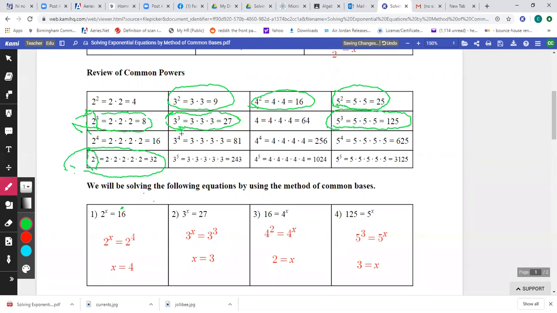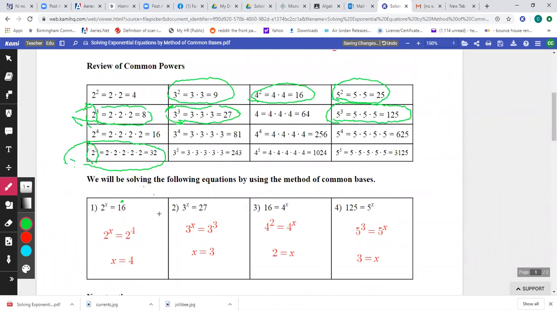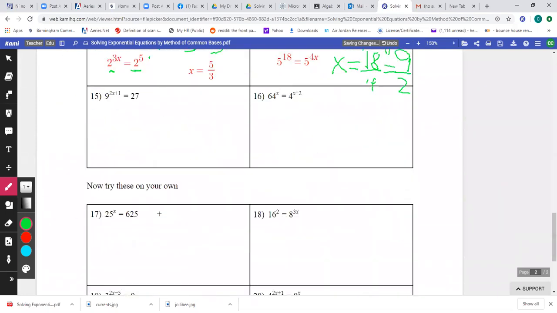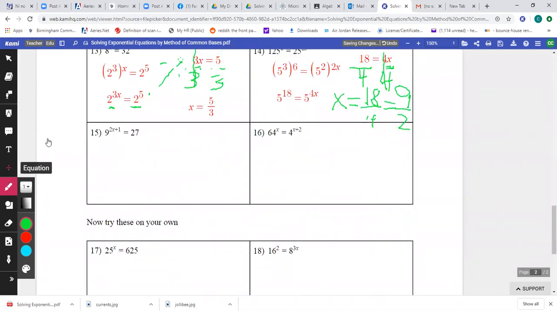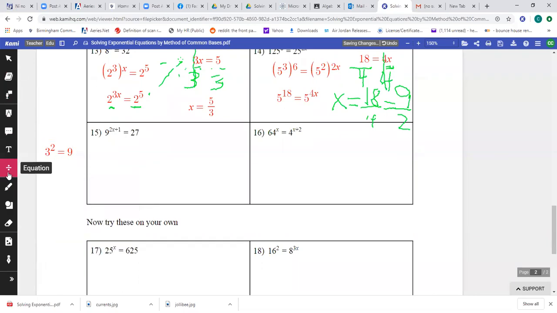So once again, I know that 3 squared is equal to 9. And I also know that 3 to the third is equal to 27.